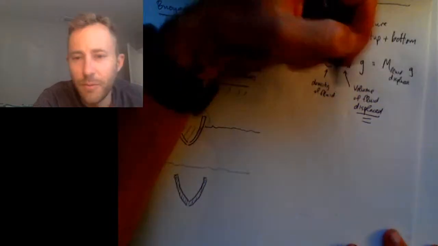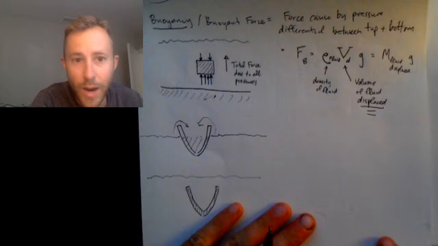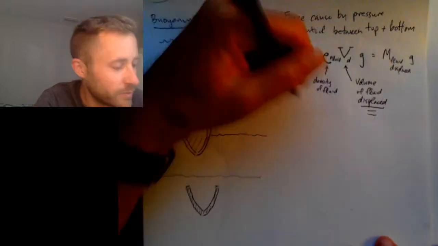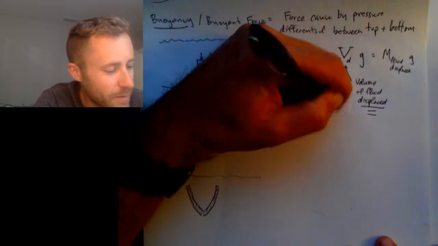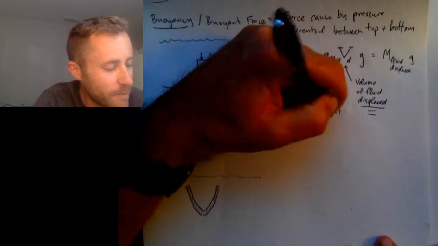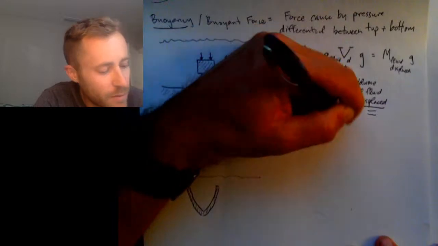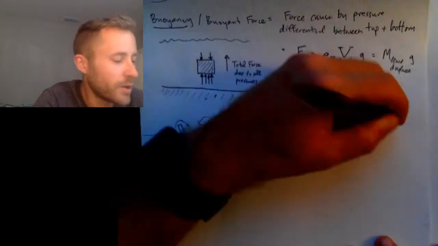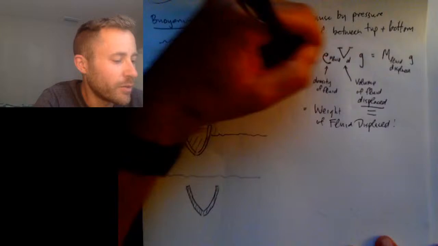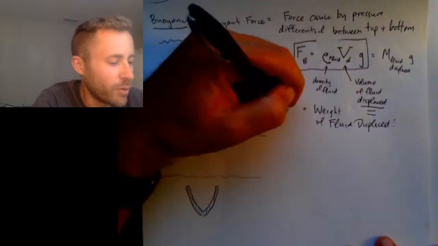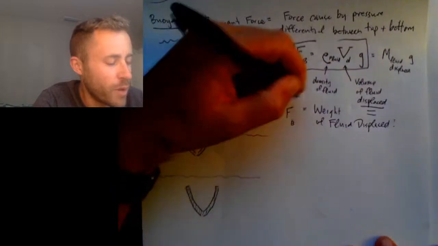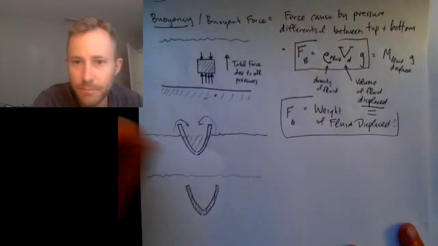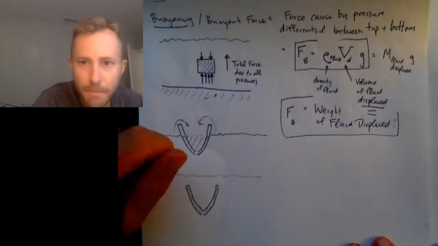And well, that is just the weight of the fluid displaced. So a lot of times you hear that the buoyant force is equal to the weight of the fluid displaced. All right.